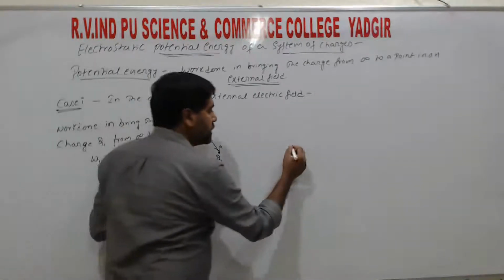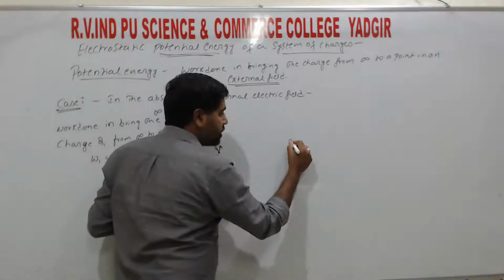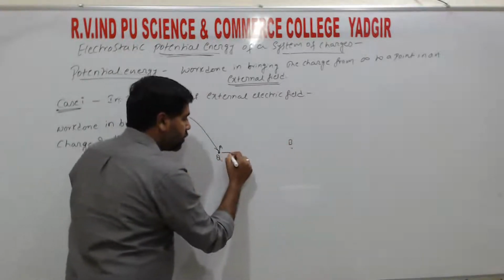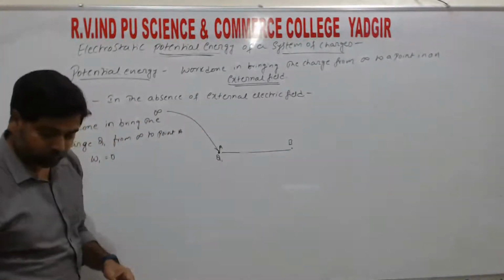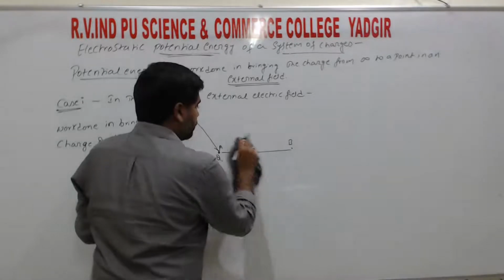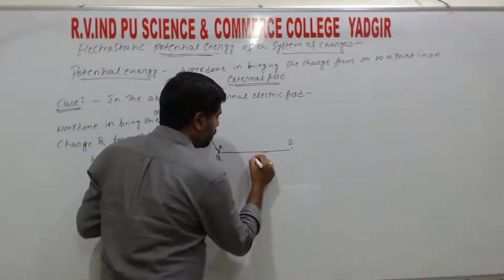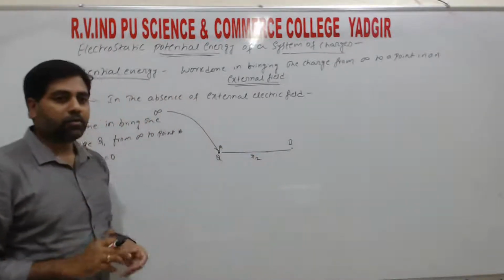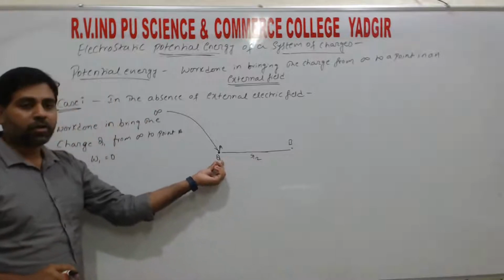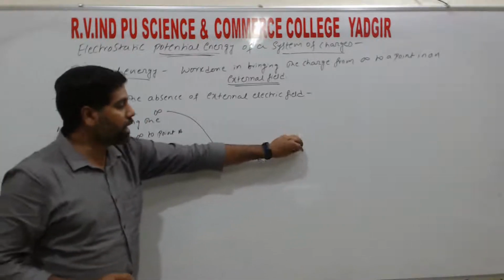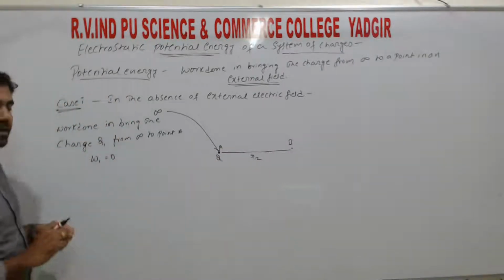So now consider one point anywhere in the space, right? Consider a point B. That point B is at a distance R12 from the charge Q1, right? So again, we are calculating the potential at a point B due to the charge Q1, right?